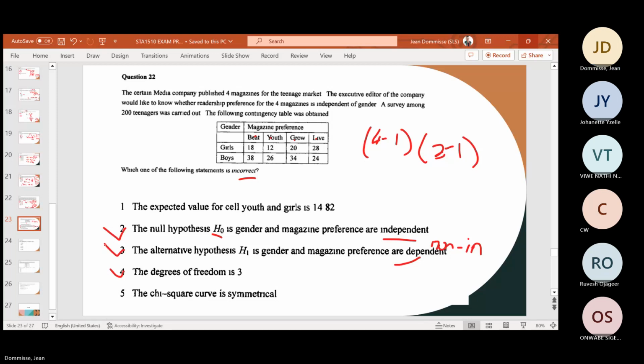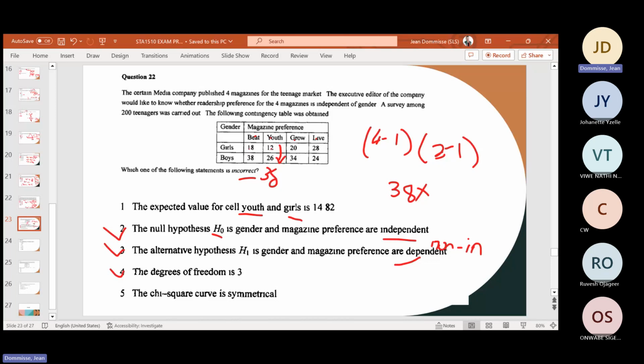Okay, so then the next one that we're going to look at is to work out the expected value. So these are all observed values. So the expected value, let's look at youth and girls. So it's the sum of youth, which is 58, times the sum of girls. Okay, so that we now quickly need to tally up.